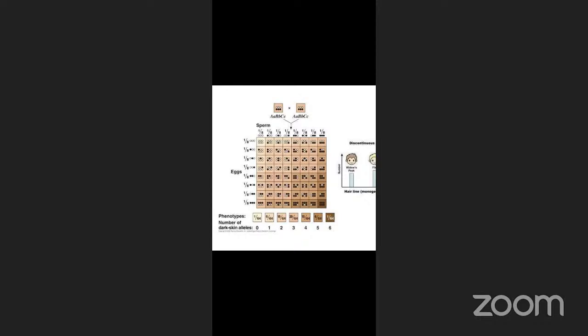Such kind of data is called continuous data. Another one is BMI, body mass index. It is not that only people have 20 or 22 or 24. Some will have 18, 19, 20, 21, 22, 23, like that. Such data are examples of continuous data.